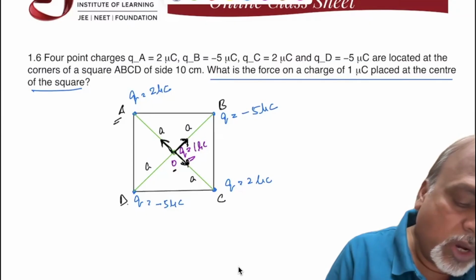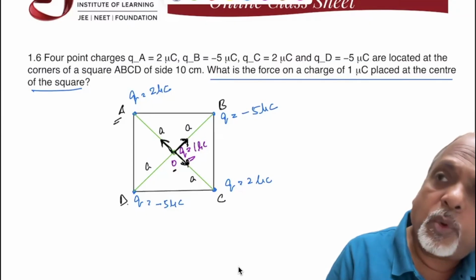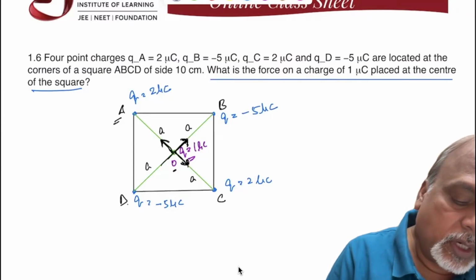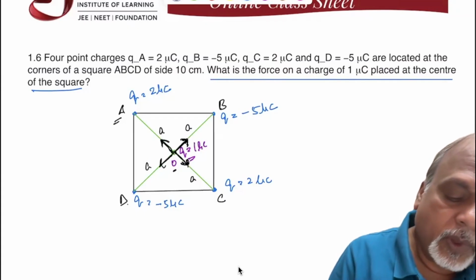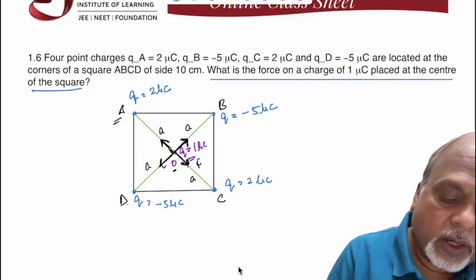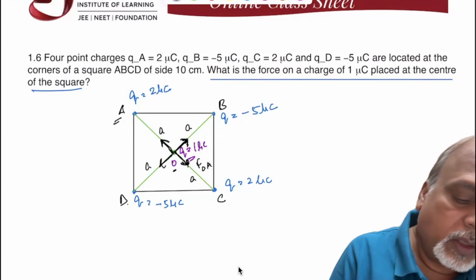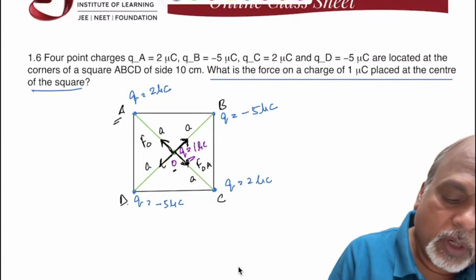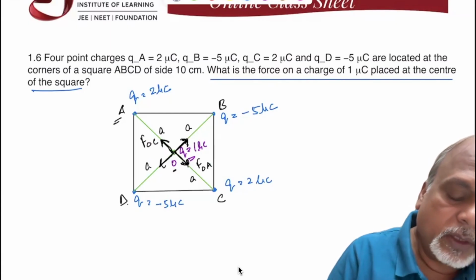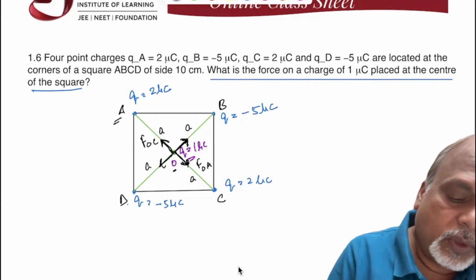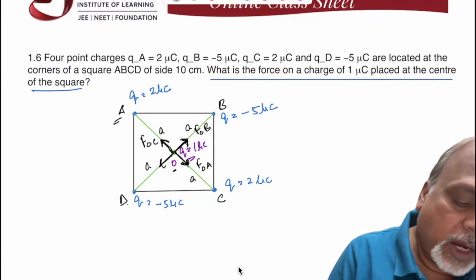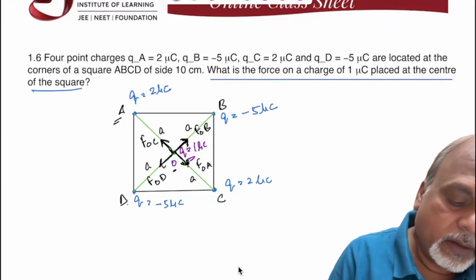O and D are opposite in nature, so the direction of this force will be like this. This is the force at O due to A, this is the force at O due to C, this is the force at O due to B, and this is the force at O due to D.